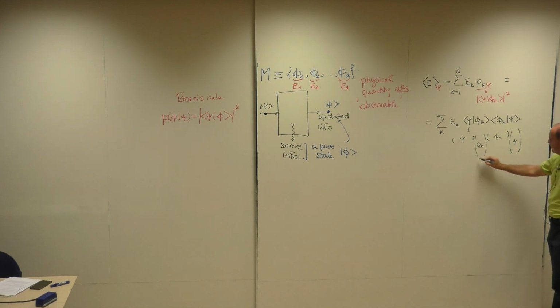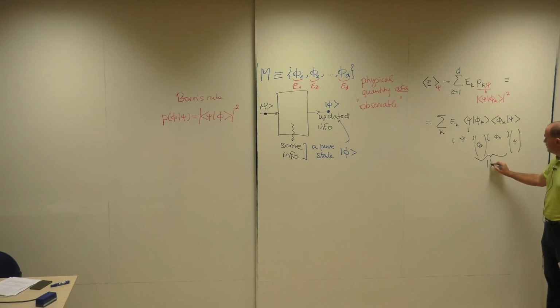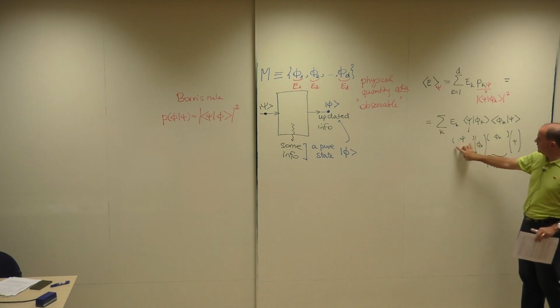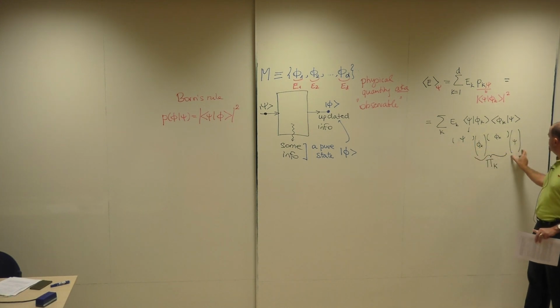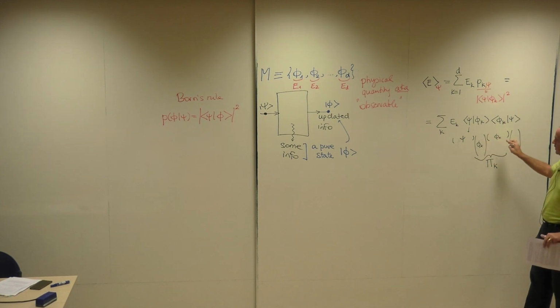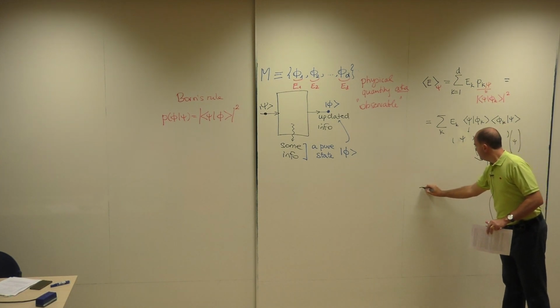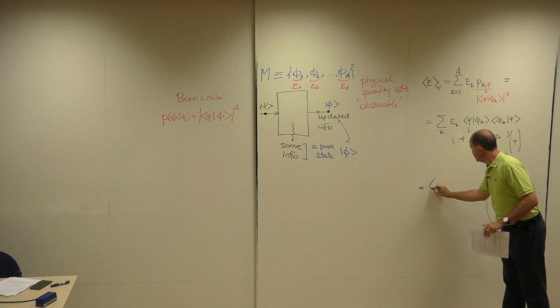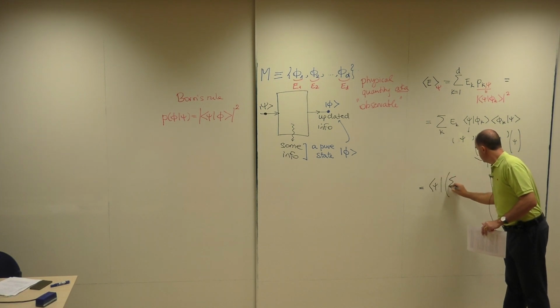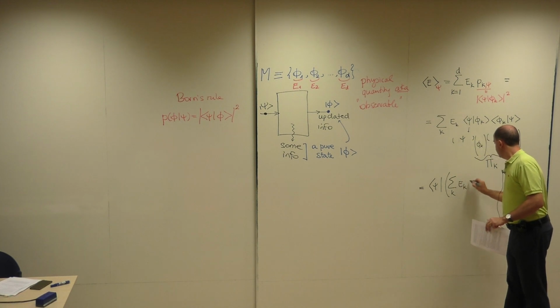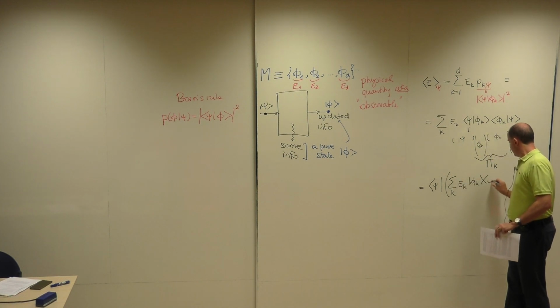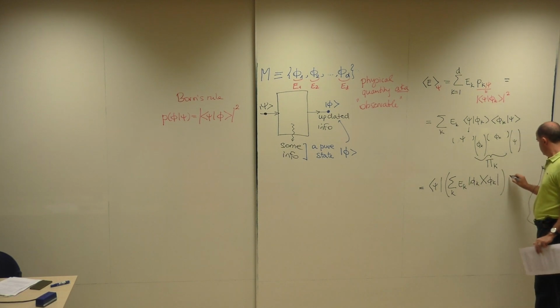So, you see, I could here have a matrix which would be the projector on phi k. And so if I continue this expression, now that you see how the structure is, I could bring this vector out of the sum, I could bring this vector out of the sum, and keep the sum in the middle. And what I would get is this. <psi| sum over k, E_k |phi_k><phi_k| |psi>.